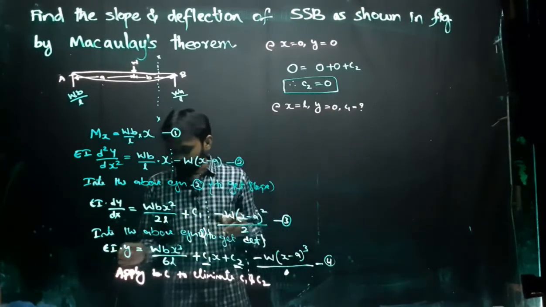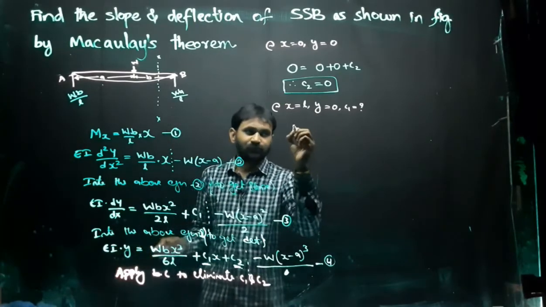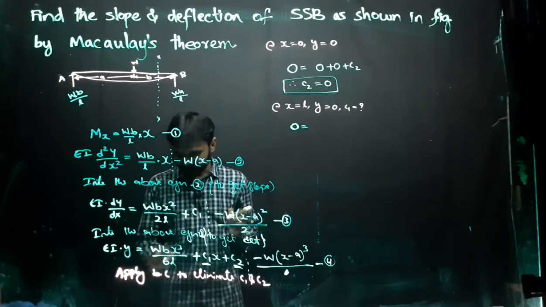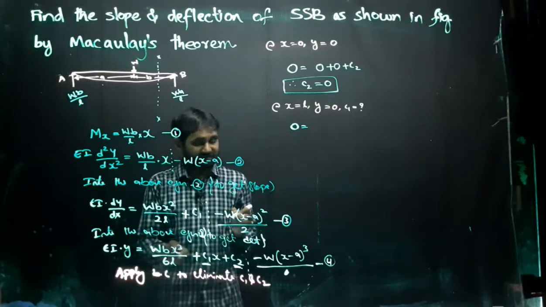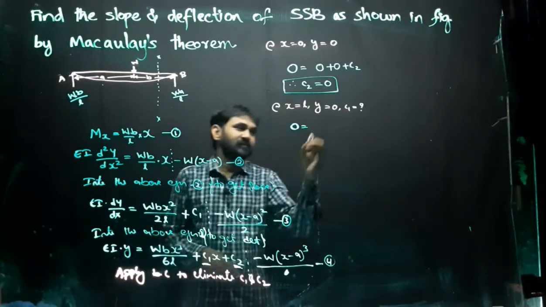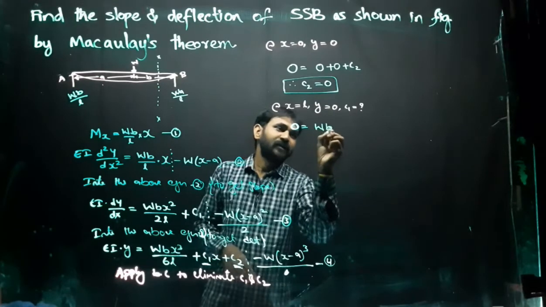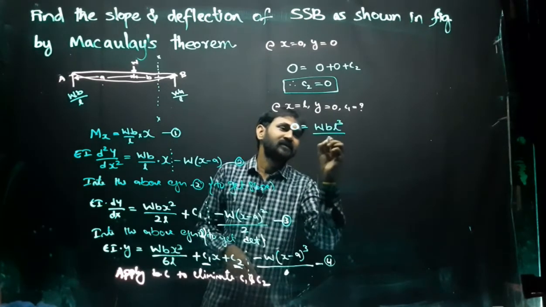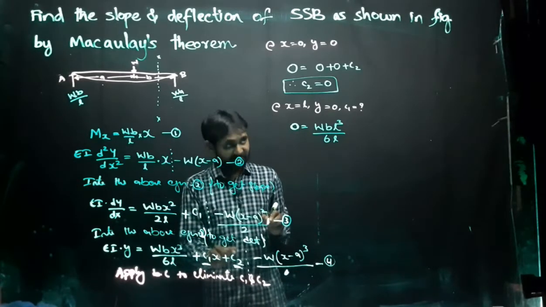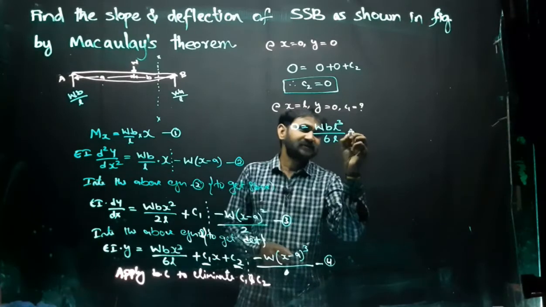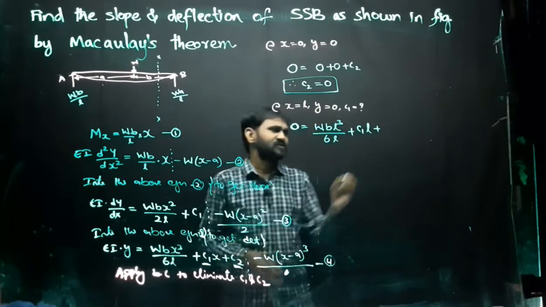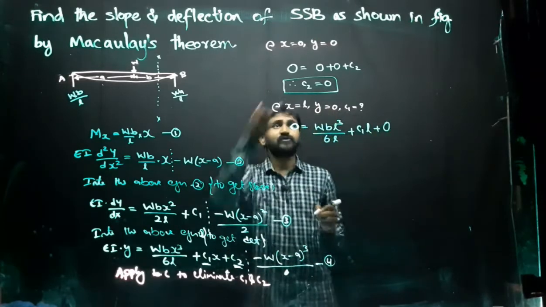EI into y. Now what is y here? 0. So LHS I got 0. Next, W B, what is x? In place of x you have to put L: W B L cube by 6L. Next C1 x, in place of x again L, so C1 L, plus C2, which is 0, because you got 0 over here.